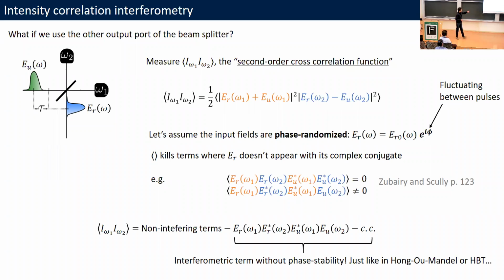But remarkably, what you find in the end is that actually there's some interference that survives. And so that's shown by this term here. And so this, like before, depends on both the amplitude and the spectral phase of the unknown and reference pulse. And this is without any phase stability. So what's going on here? This seems like black magic.